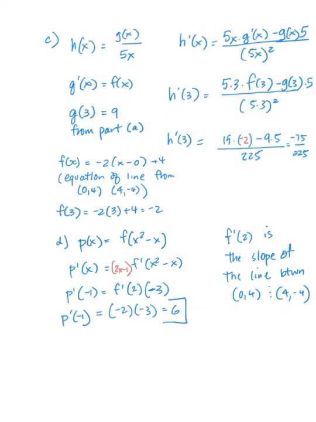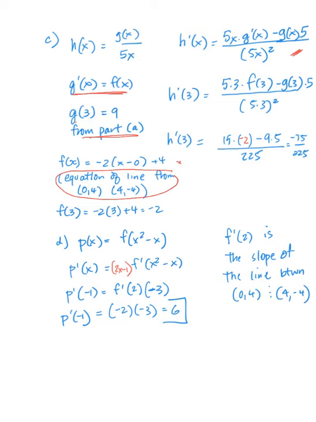All right, part C, you're asked to evaluate or find h prime of 3. So we're going to find h prime, which is going to be the quotient rule, find the derivative there, and then I'm going to plug these values in. Now remember that G prime equals f of x. We know G of 3 from part A. We found an equation, or I found an equation of f of x, which is the equation of the line from 0, 4 to 4, -4.